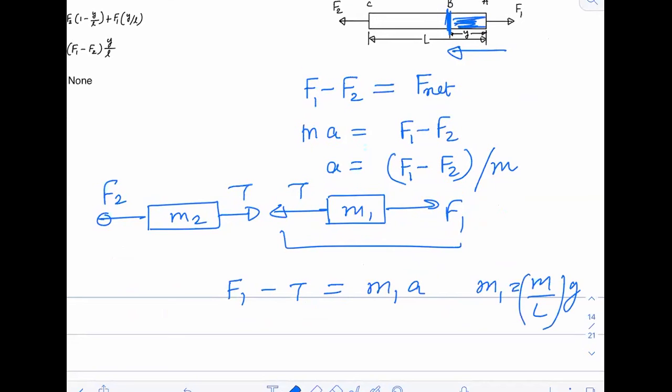So you substitute the M1 value here. Acceleration you have already found out, and you can solve for T now. So just substitute the values and you will get the answer here. Okay, so with this question we'll end this session.